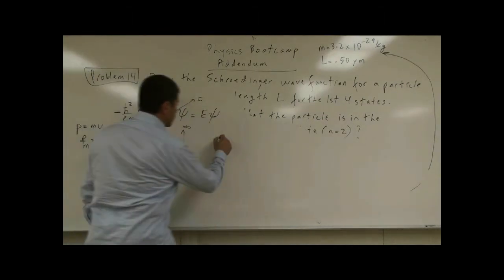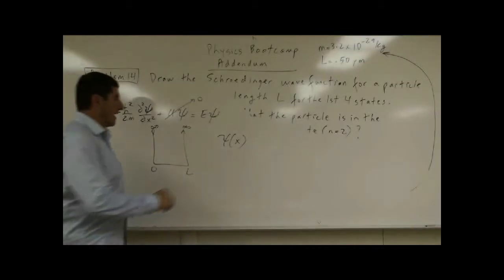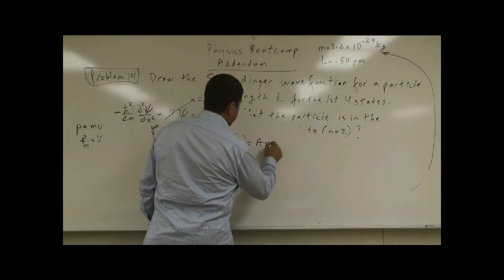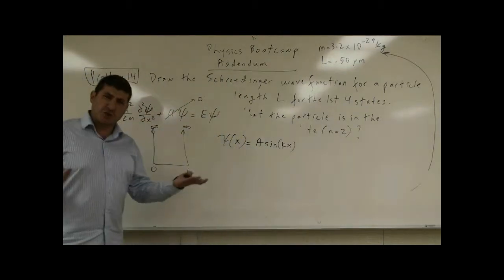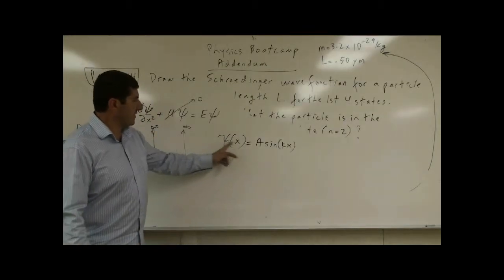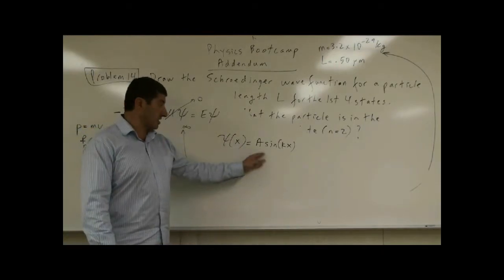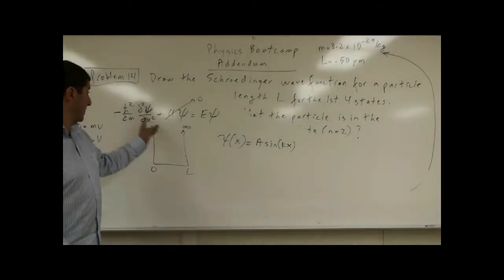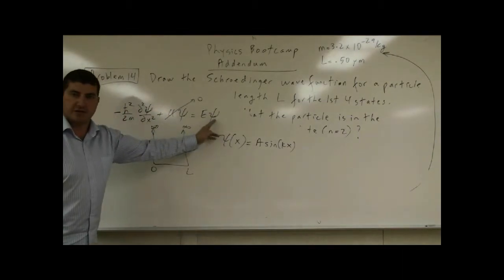The solutions of this equation turn out to have this kind of format: A sine of kx. The reason you can make sense out of this is that if the wave function is a sine, its first derivative will be a cosine, and then its second derivative will be a sine, and therefore its second derivative will be proportional to itself.